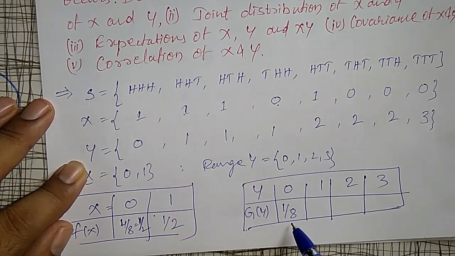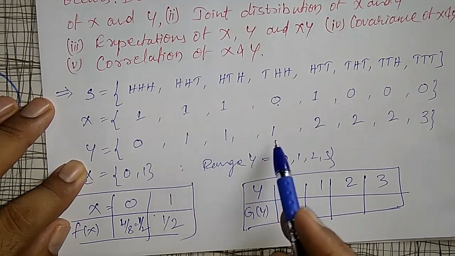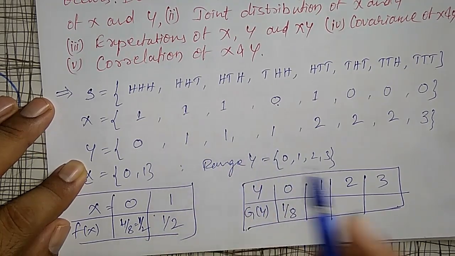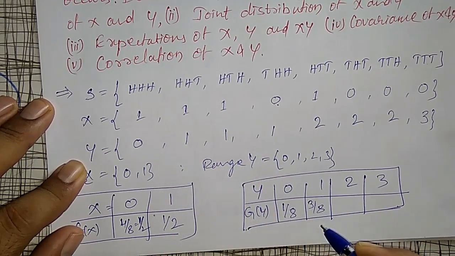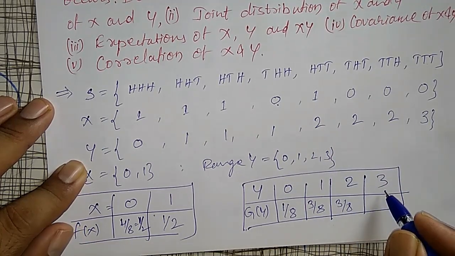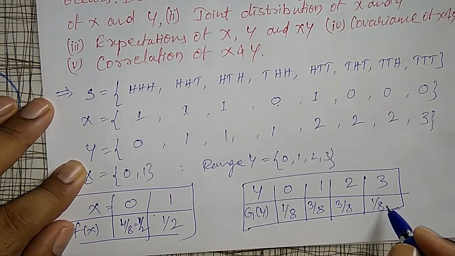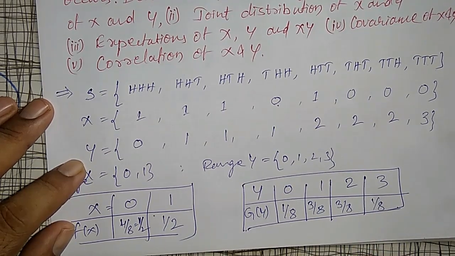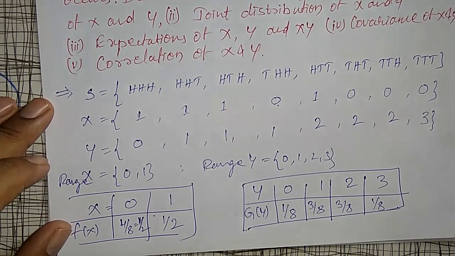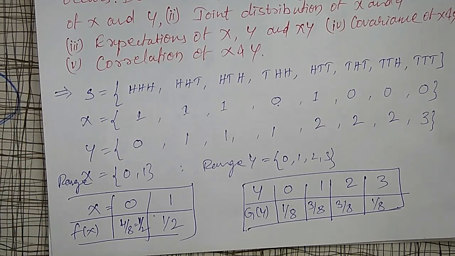Then 1 is repeated 3 times, therefore its probability is 3 by 8. Like that, 2 is repeated 3 times, so 3 by 8. 3 is repeated only once, therefore it is 1 by 8. The sum of these is also equal to 1. Next, using this, I will explain how to define the joint probability distribution.